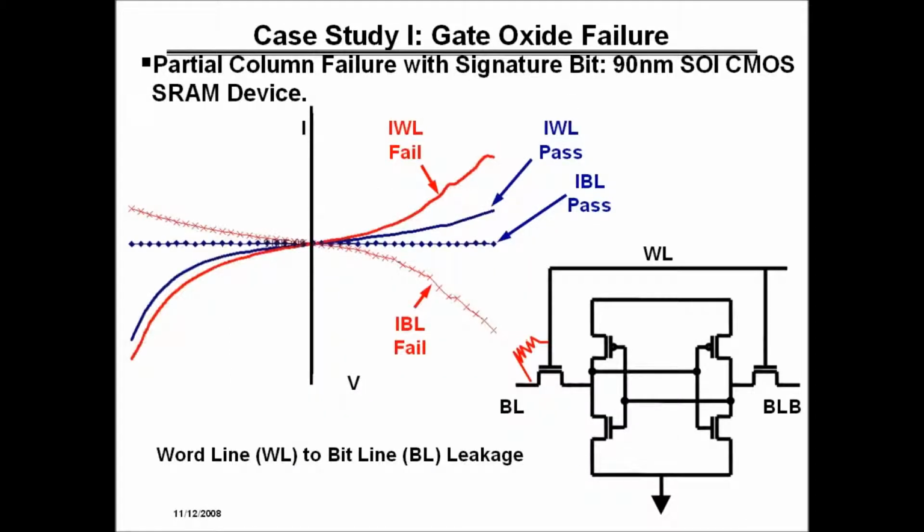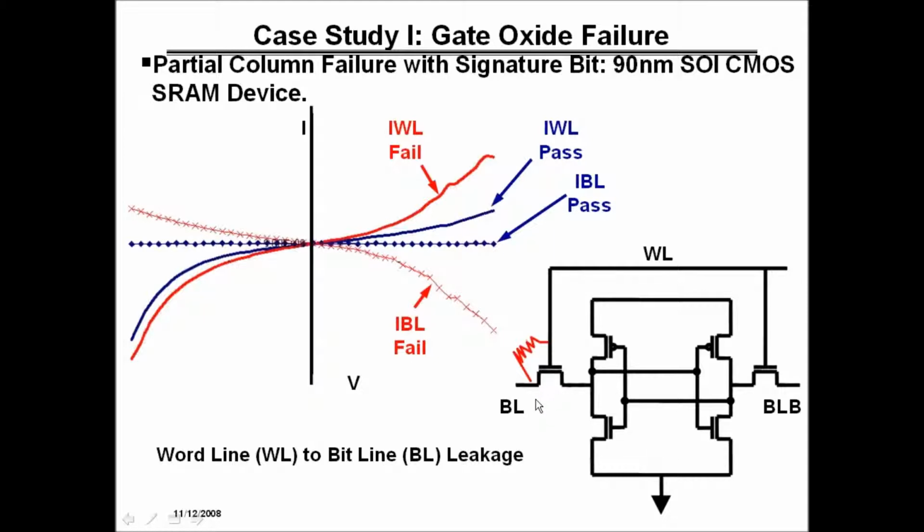However, for the newer technologies, there's a little bit different problem. And in this case study, we have partial column failure with a signature bit, and this is 90 nanometer SOI CMOS, and it was an SRAM device that we were having problems with.